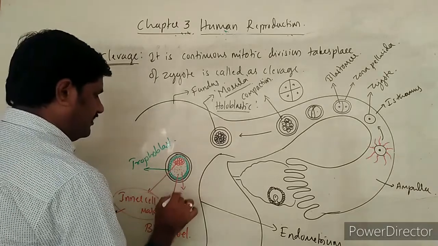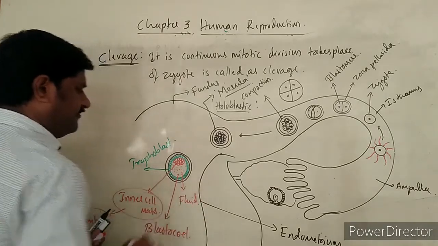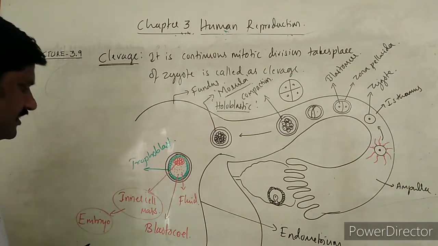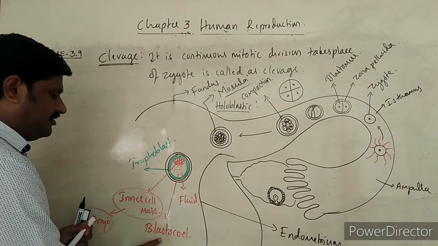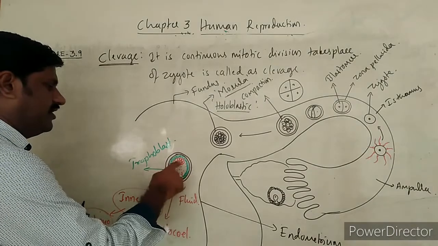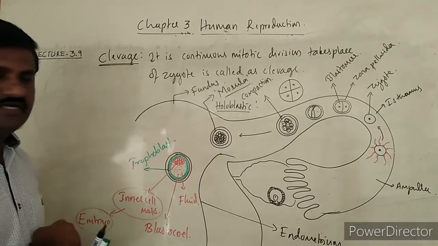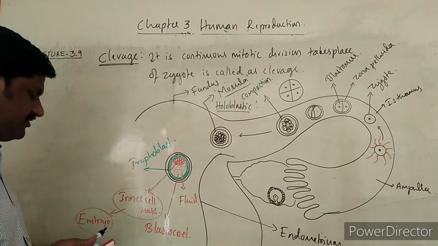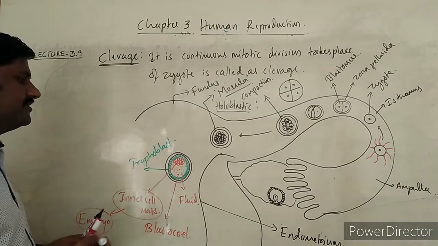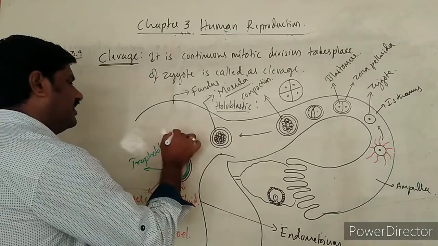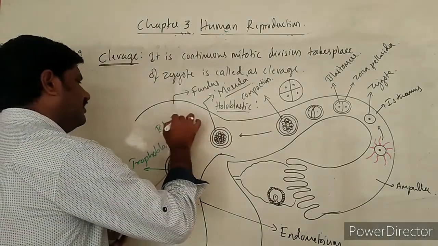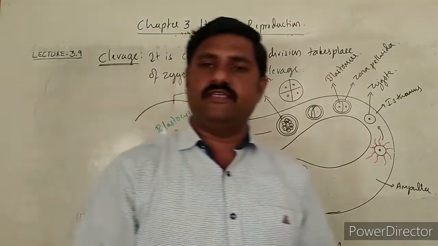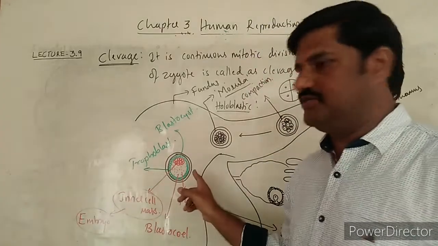So blastocoel is formed, inner cell mass is formed, trophoblast is formed, and this structure, what is it called? It looks like a cyst-like structure, and it is called blastocyst. In the case of human beings, it looks like a cyst, hence it is called blastocyst.